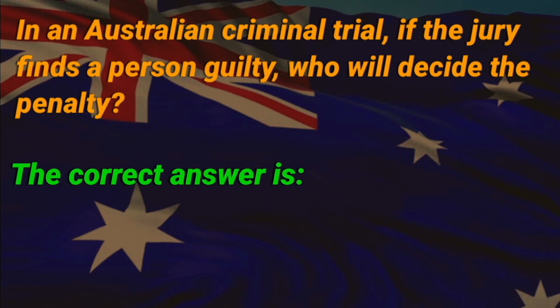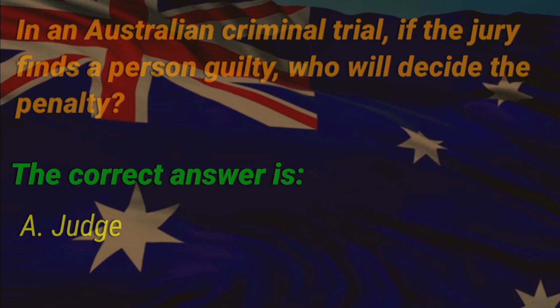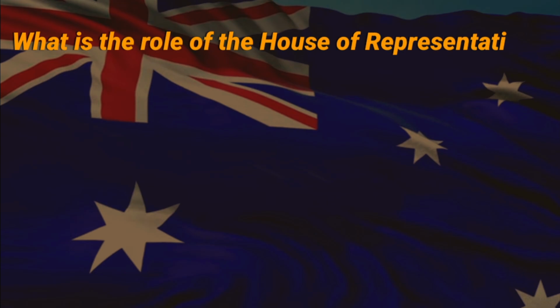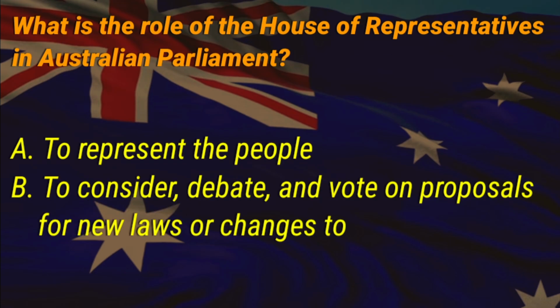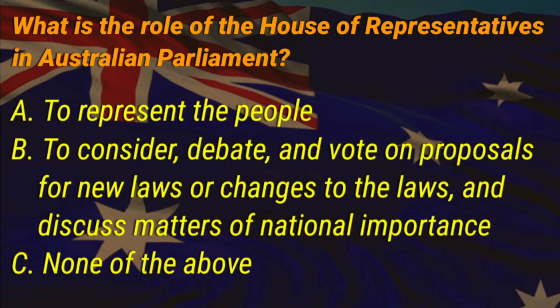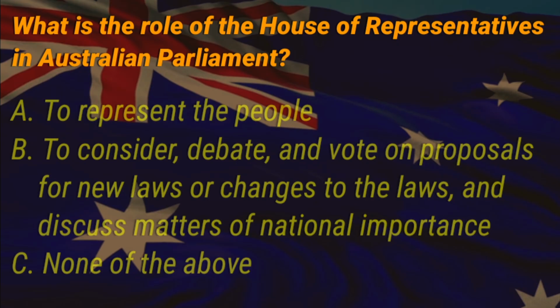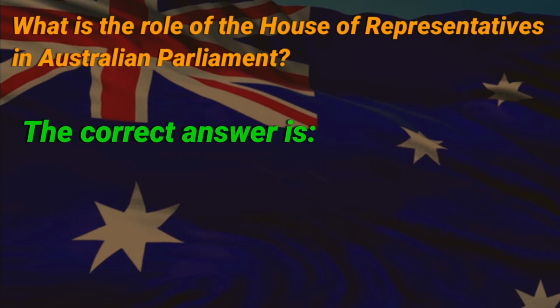The correct answer is A. Judge. What is the role of the House of Representatives in Australian Parliament? A. To represent the people, B. To consider, debate, and vote on proposals for new laws or changes to the laws and discuss matters of national importance, C. None of the above. The correct answer is B.